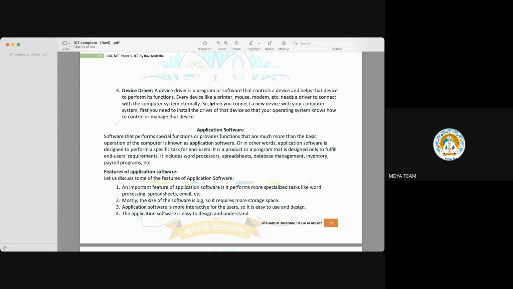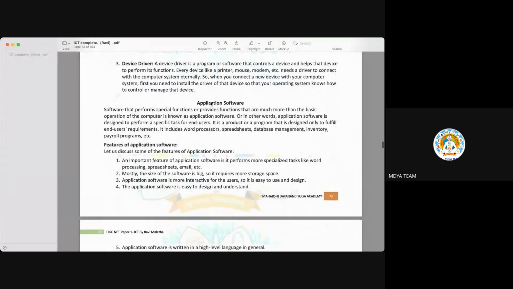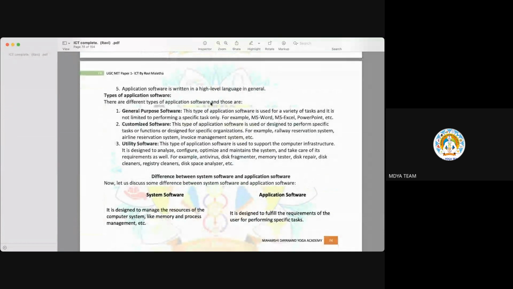Application software is more interactive for the user, so it is easy to use, and easy to design by a particular person or a company. It is also easy to understand by the people. And this application software is written in a high level language in general.